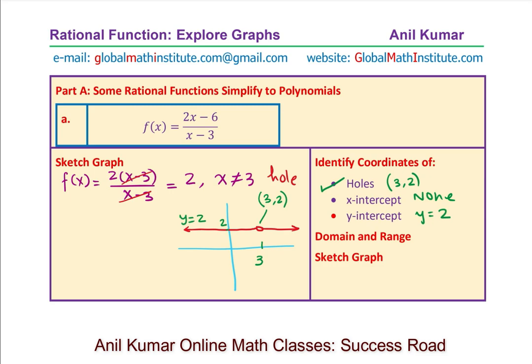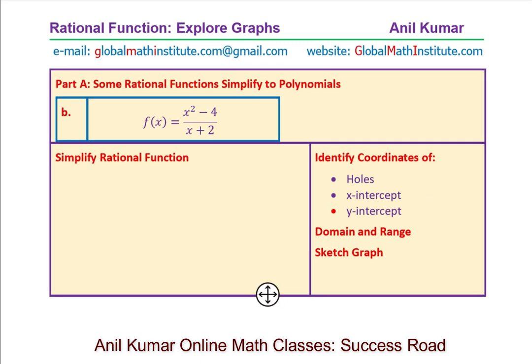The domain of this function is x belongs to real numbers, and the range of this function is y equals 2, right? So only one value, and the graph is before you. You get an idea. So some rational functions can be simplified, and they look like a horizontal line as shown here. Amazing, right? Let's move on and see the second question.